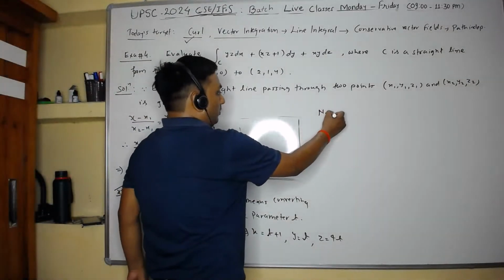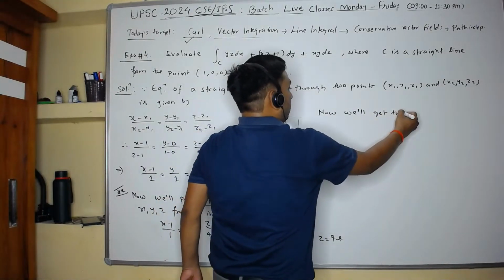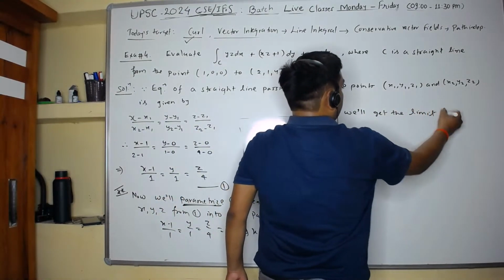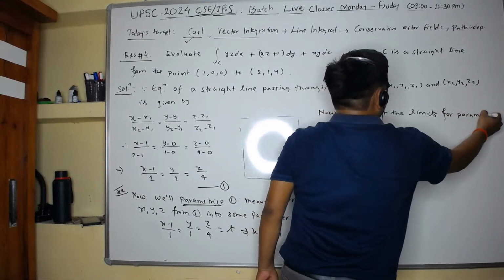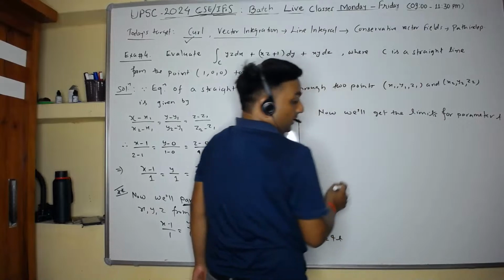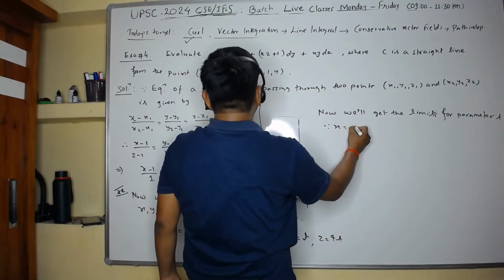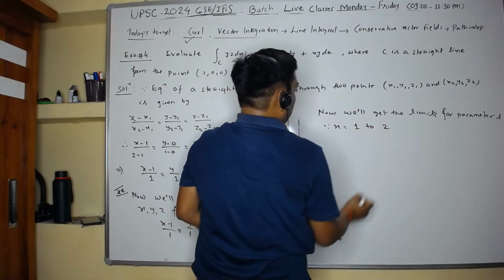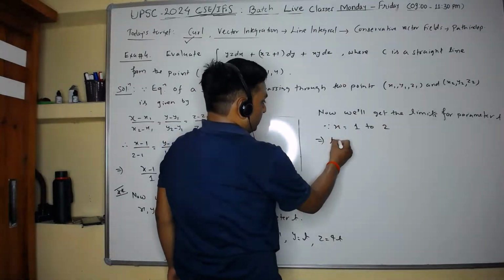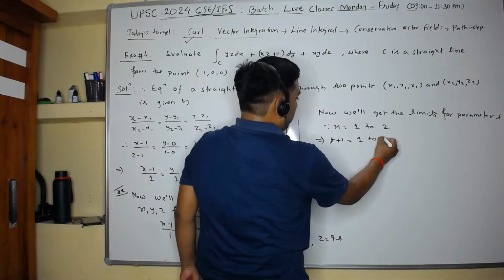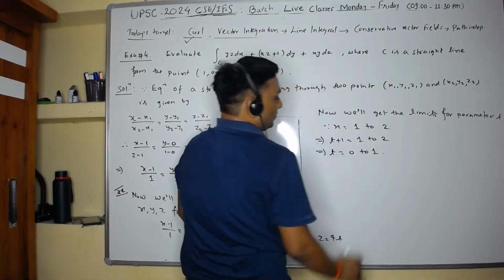Now we will get the limit for parameter t. ठीक है? कैसे लेंगे लिमिट? Since x is going from 1 to 2, so x is what, my dear fellows? t plus 1. This implies t plus 1 is going from 1 to 2. This implies t is going from 0 to 1.